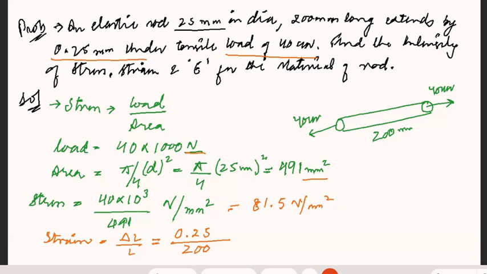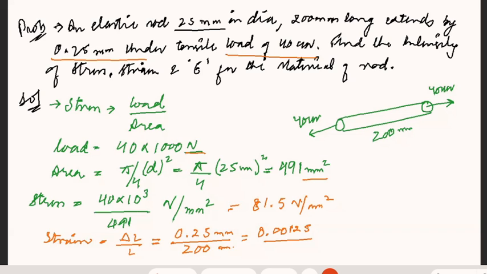That comes to 0.00125. This is your strain. It is unitless because 0.25 and 200 cancel out, or you can even say strain is 0.00125 per mm.